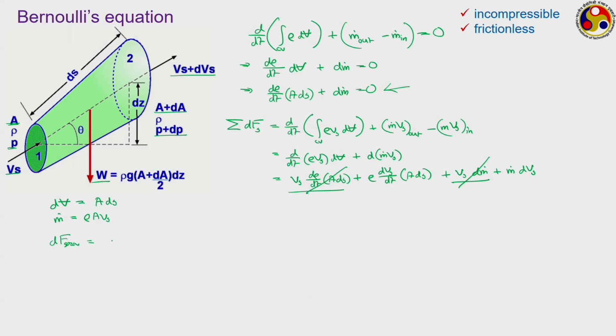The gravitational force is already shown on this. So, this should be equal to minus dW sin theta, where dW refers to the weight of the elemental mass which is bound in this.